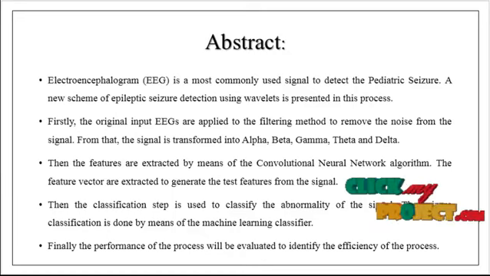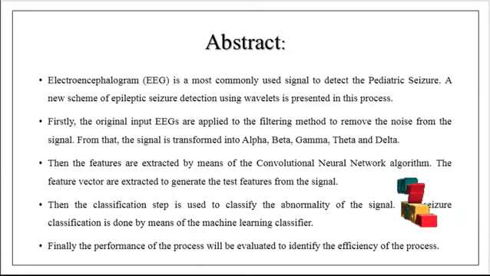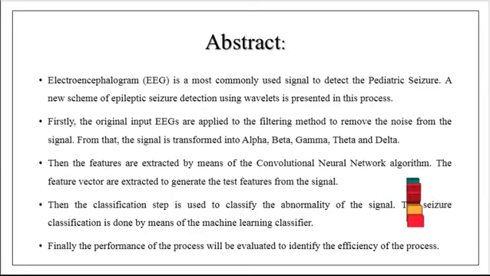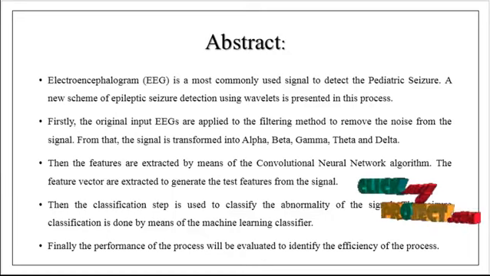If an abnormal signal is present, a message box will be displayed as abnormal signal. The seizure classification is done by means of a machine learning classifier to classify the signal abnormality. Finally, the performance of the process is evaluated to identify its efficiency. In this process, we have evaluated the accuracy to identify whether the classification is working properly or not.